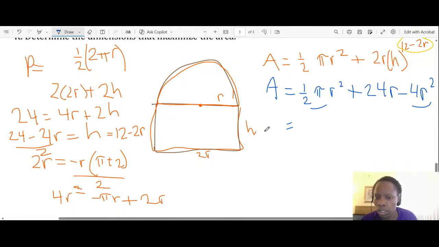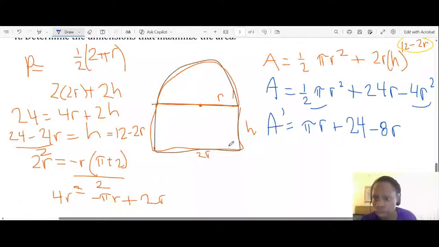Yeah, let me just keep it separate and do A prime being pi r plus 24 minus 8r. Now I can put them together.